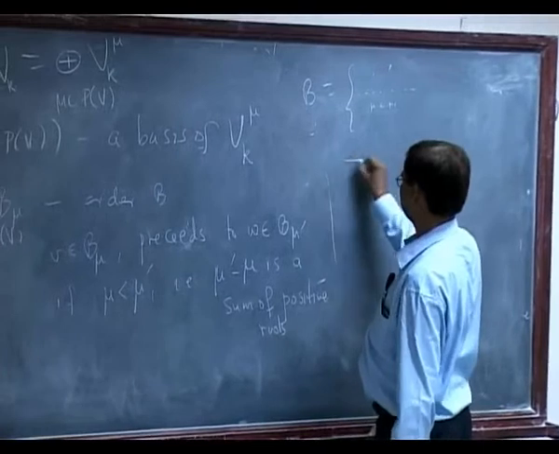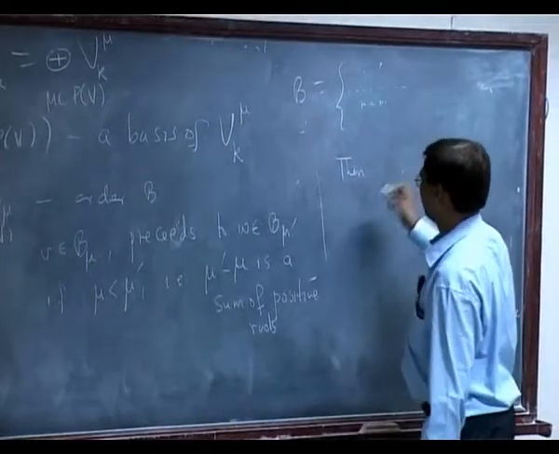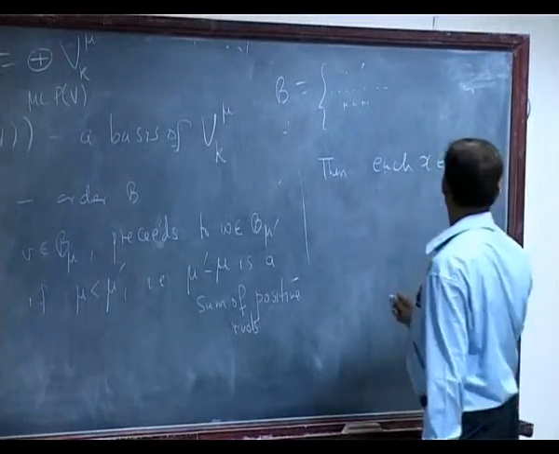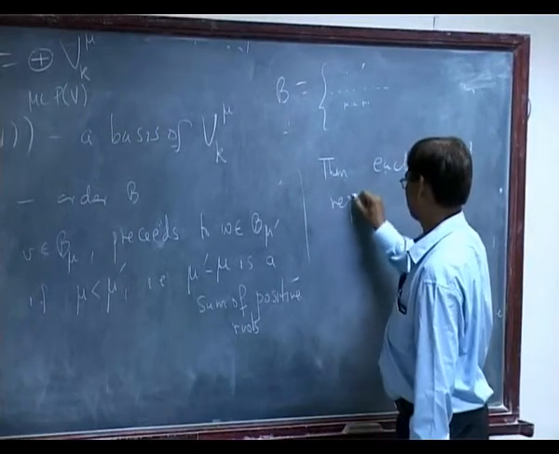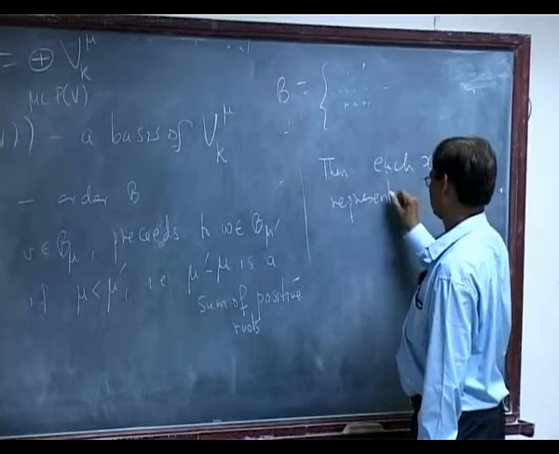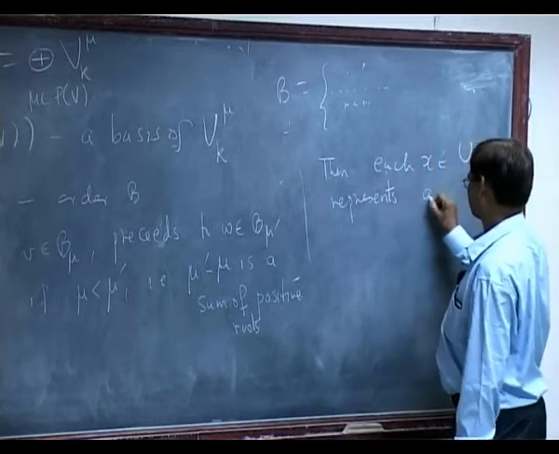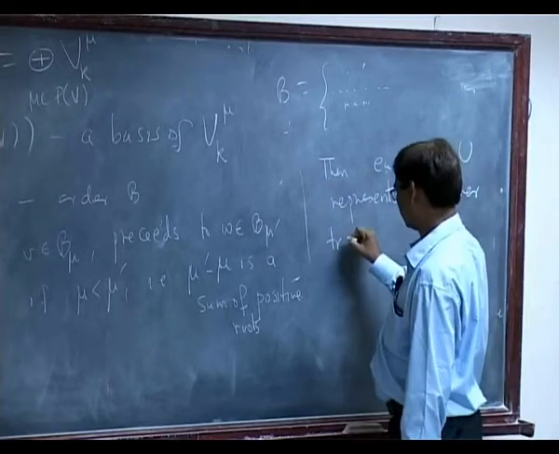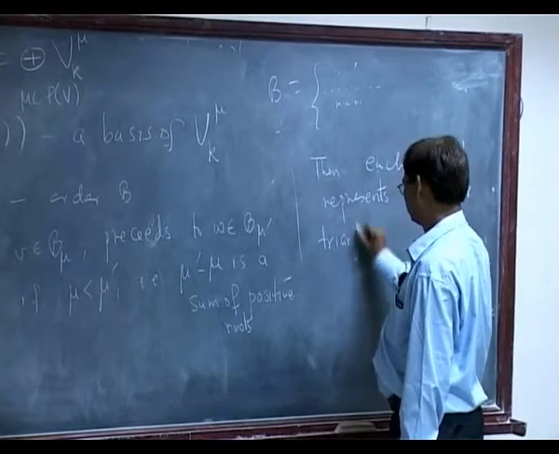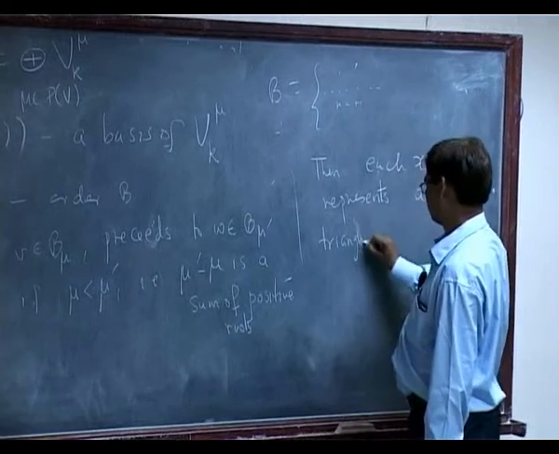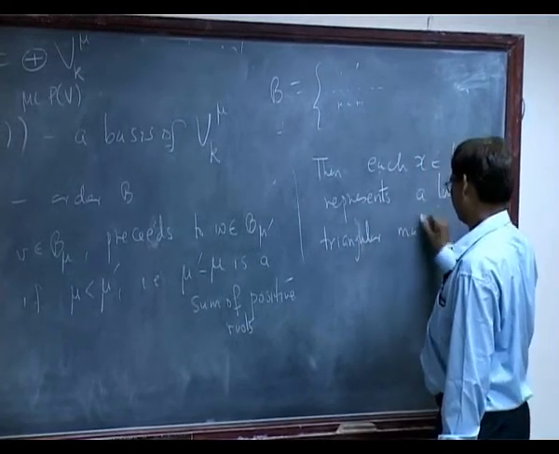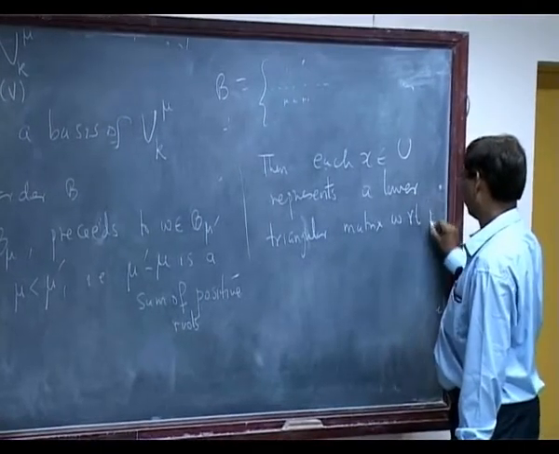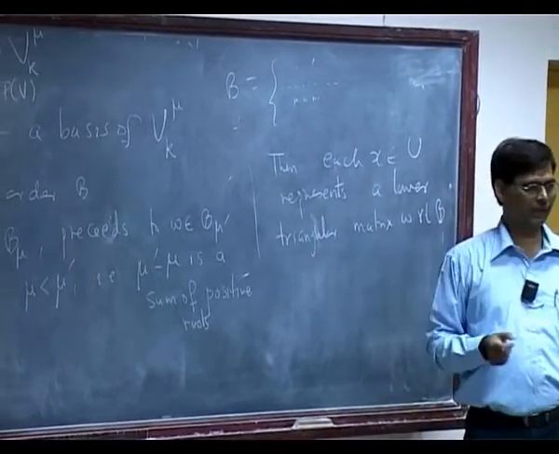Then each x in U represents a lower triangular matrix with respect to B. Am I right?